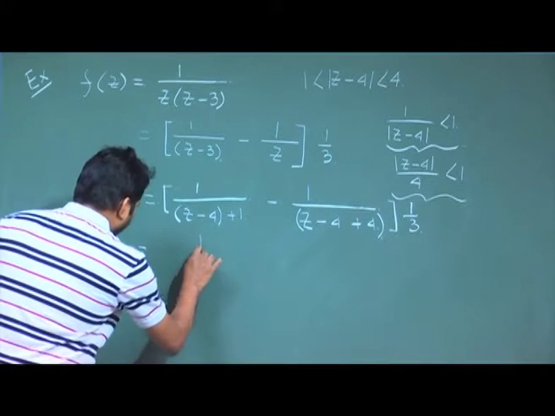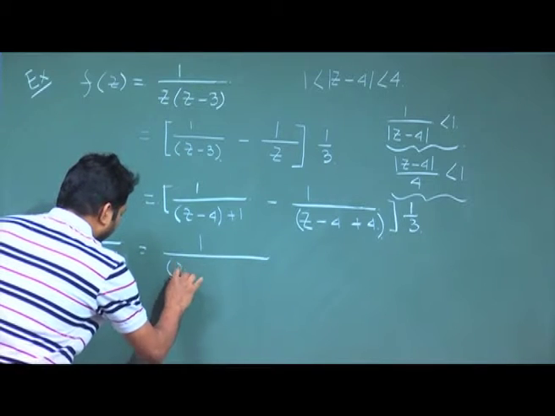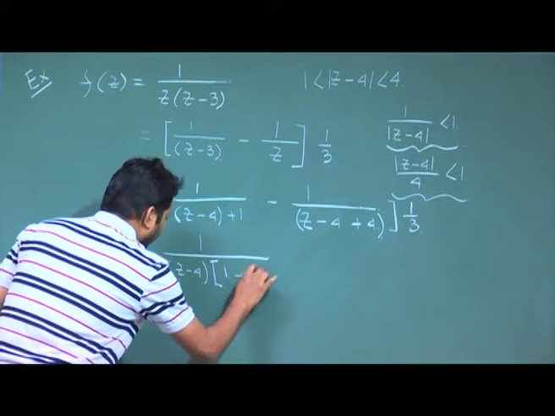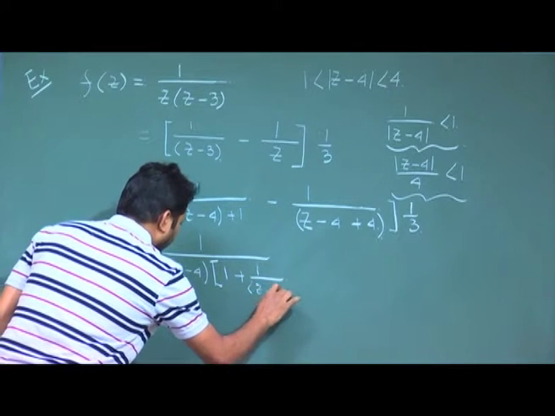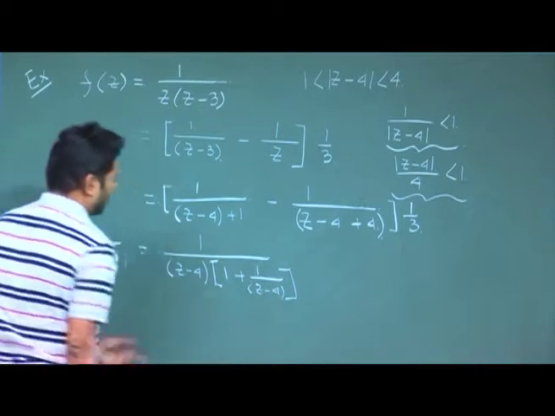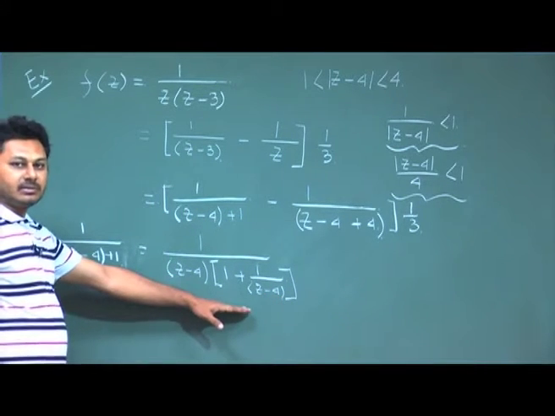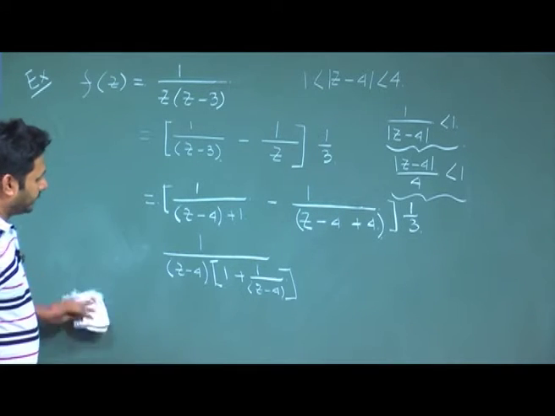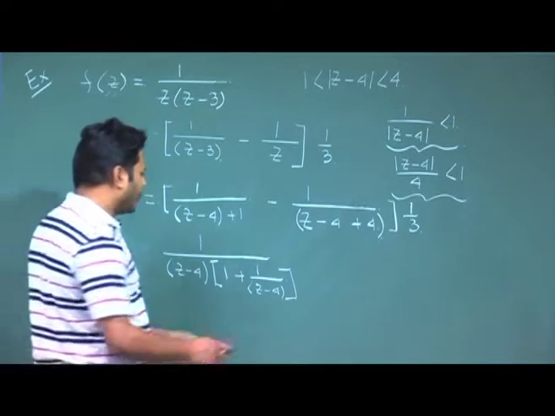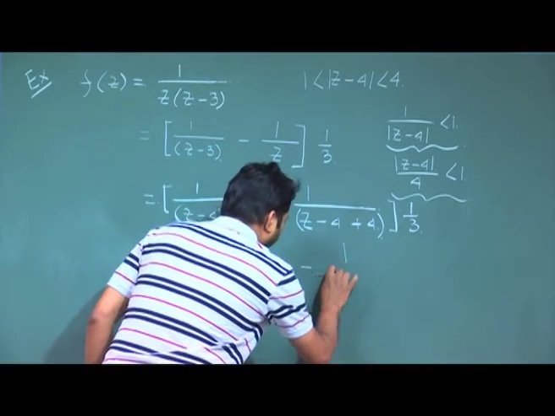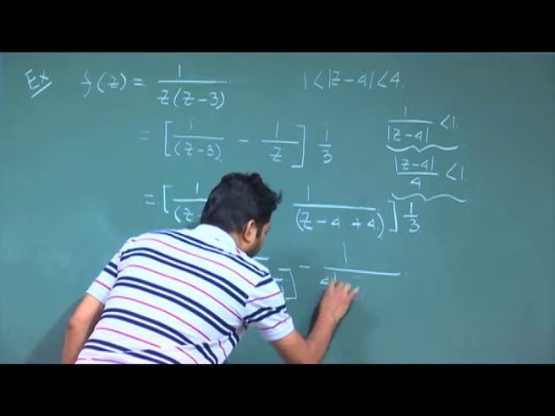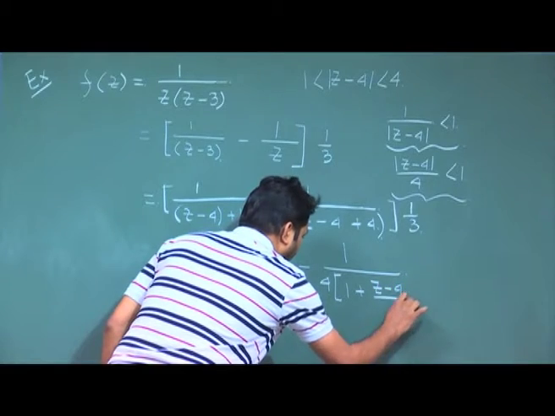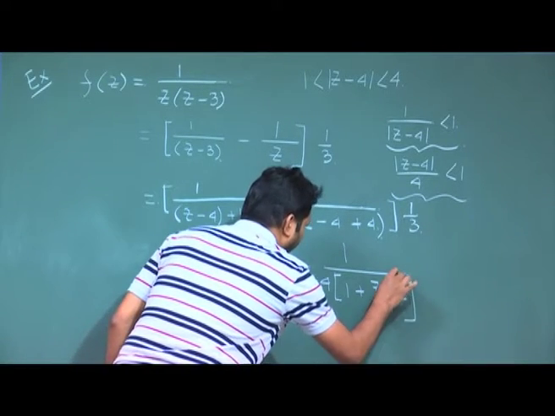If I take z minus 4 common, then it will be 1 plus 1 divided by (z minus 4), and now I can expand that. In a similar way, on the right hand side, if I take 4 common, then it will be 1 plus (z minus 4) divided by 4.